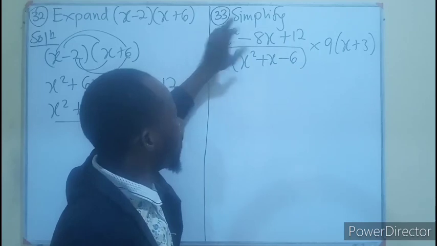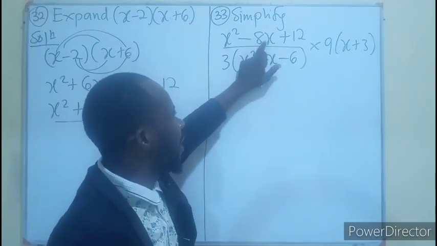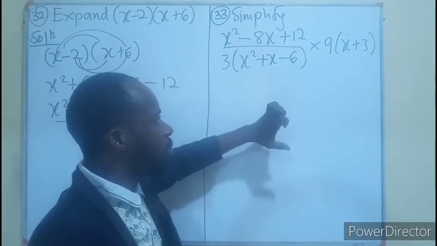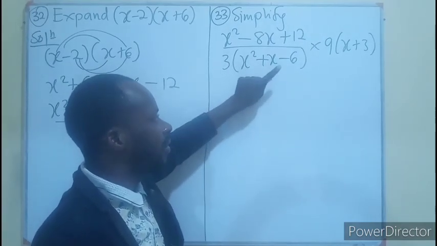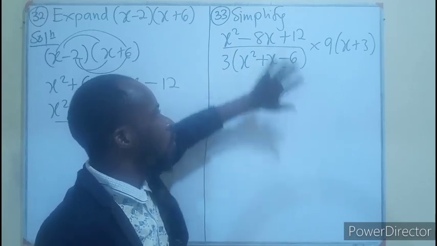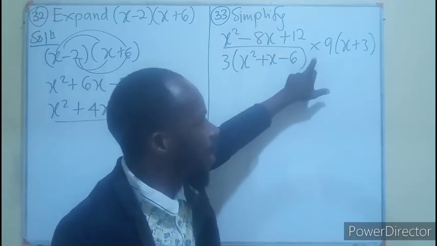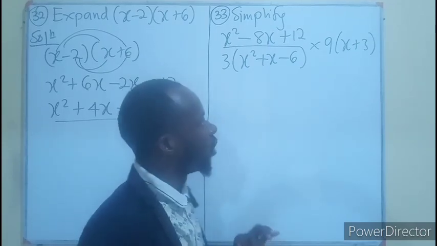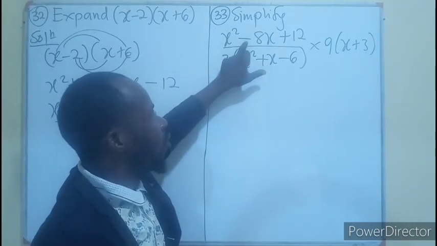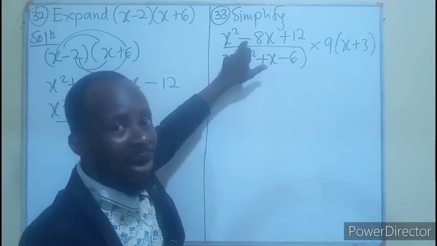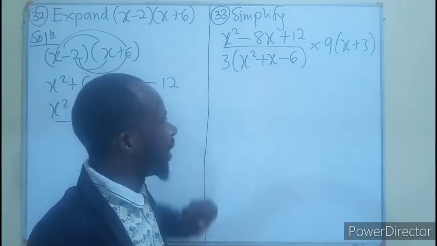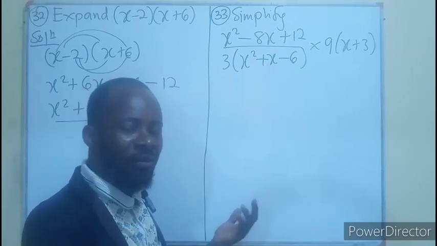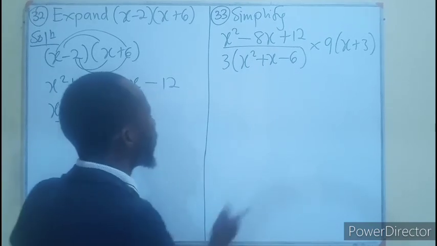Question 33. Simplify (x squared minus 8x plus 12) all divided by 3 times (x squared plus x minus 6), and all this fraction is multiplied by 9 times (x plus 3). So what do we do? We can see the top is a quadratic expression, and the second term is also quadratic. So we can try to factorize them first and see if we can get a common factor to cancel out.